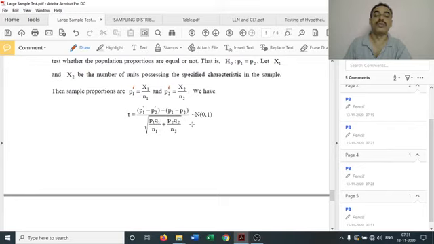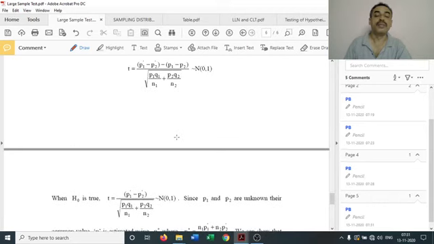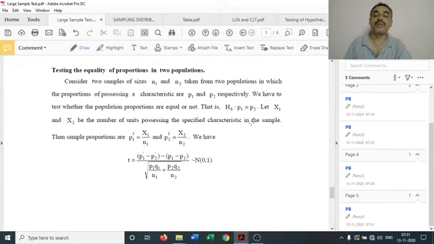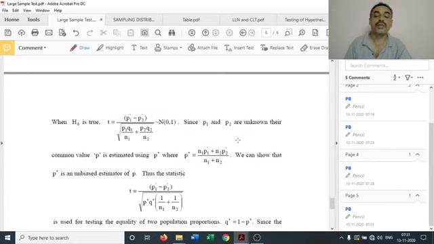where p1 q1 and p2 q2 are the values of the proportions of the first population and second population, and these p1 and p2 are given as equal only, but their equal value is not given. So its equal value is estimated using this equation, p star. P star is equal to n1 p1 dash plus n2 p2 dash divided by n1 plus n2.